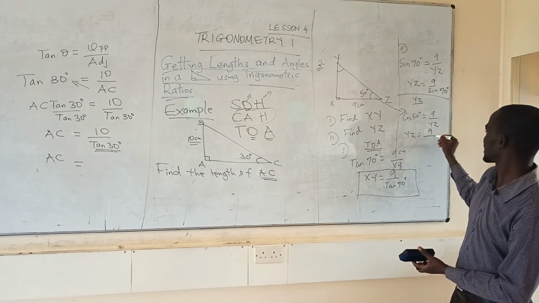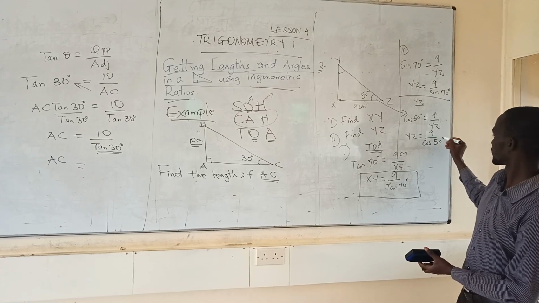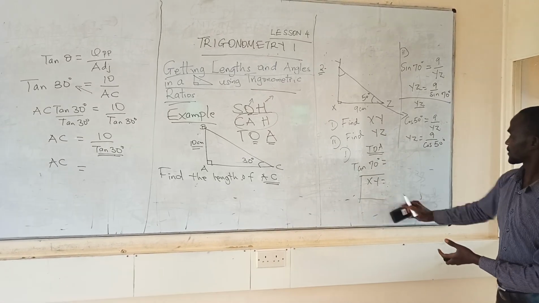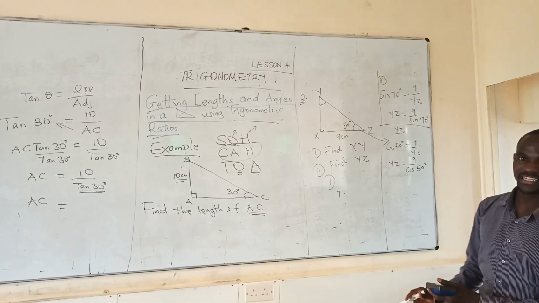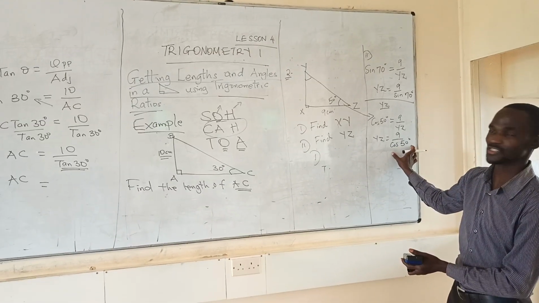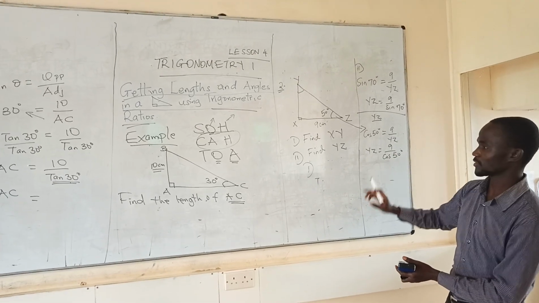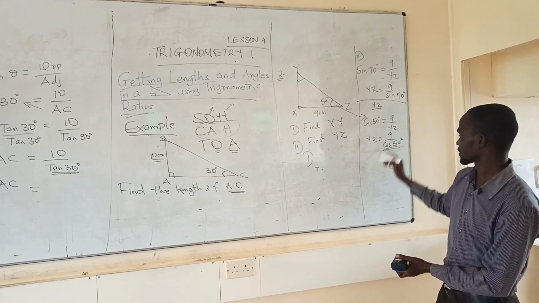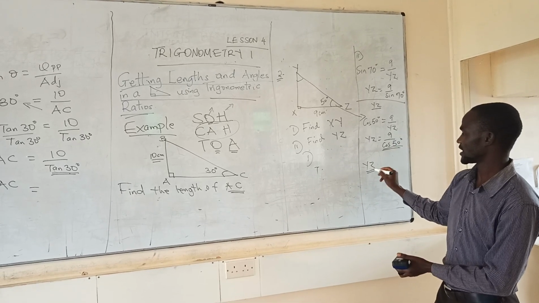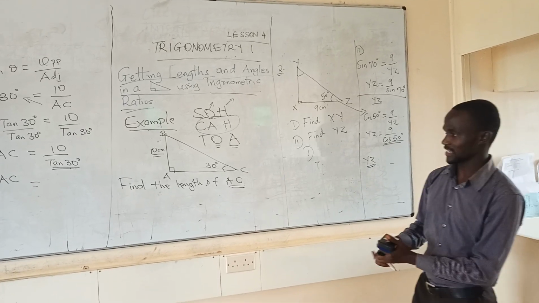YZ is equal to 9 over cos 50 degrees. Having already learnt about getting the cos of an angle from the tables, I expect that you will check the cos of 50 degrees, then you get the length of YZ.